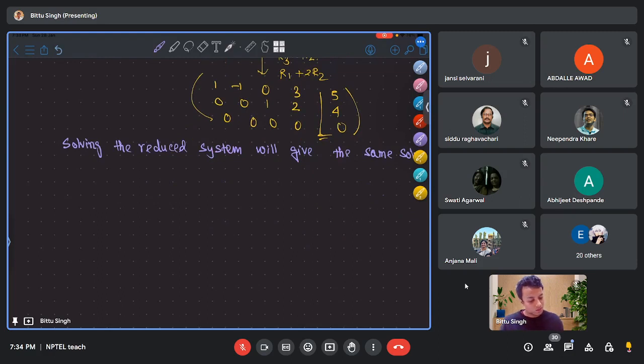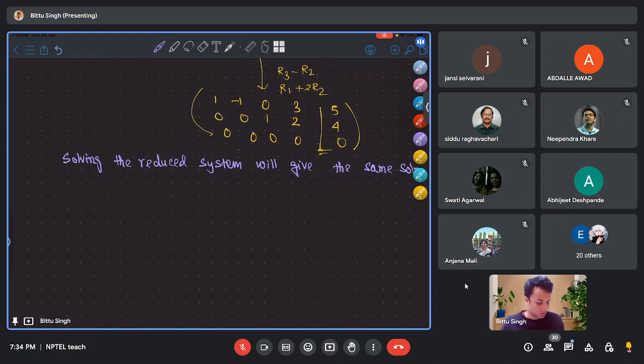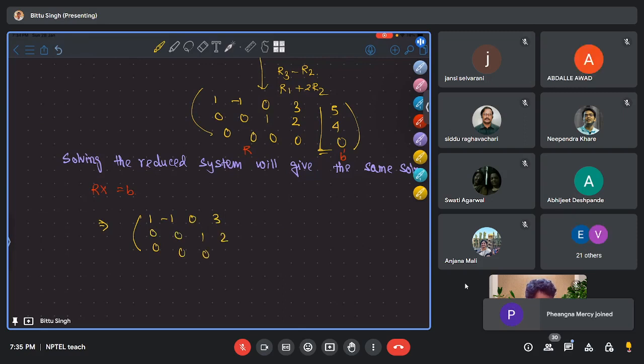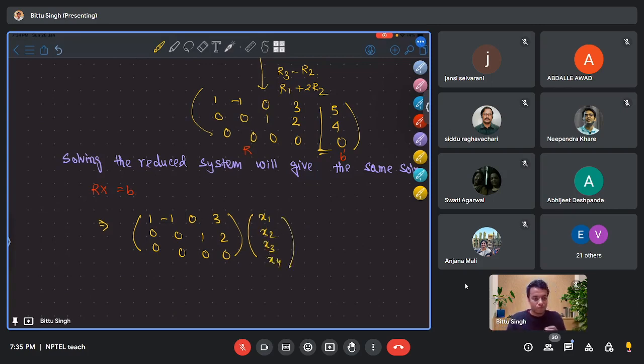So what is the new system? Here you can write it as Rx equal to B dash. So the new system will be Rx equal to B dash. So what is this? R means 1 minus 1, 0 3, 0 0 1 2, 0 0 0 0 times x. X means x1, x2, x3 and x4, because there are four variables involved.